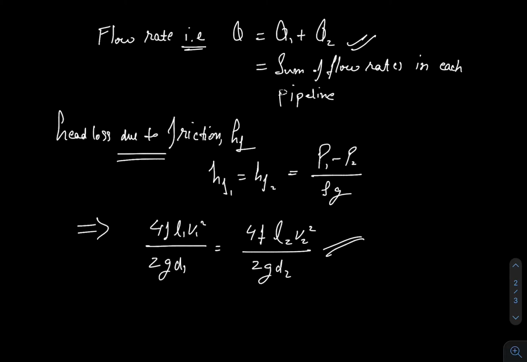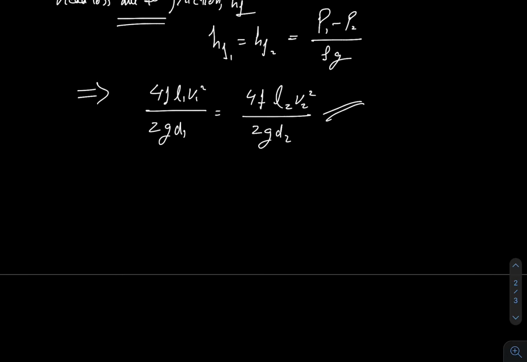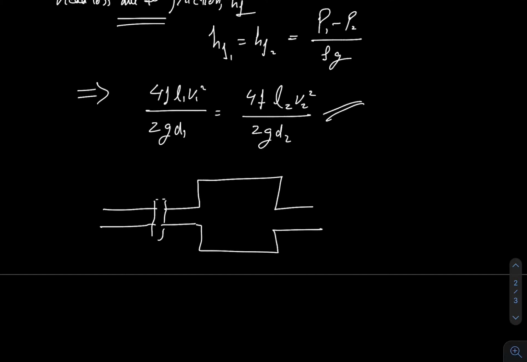Now if you see any structure of pipelines anywhere, you can tell whether the pipelines are connected in series or in parallel. There might also be a complex case like this. Let's say this is my pipeline 1, then here is a joint, then I have pipeline 2 which further goes like this.